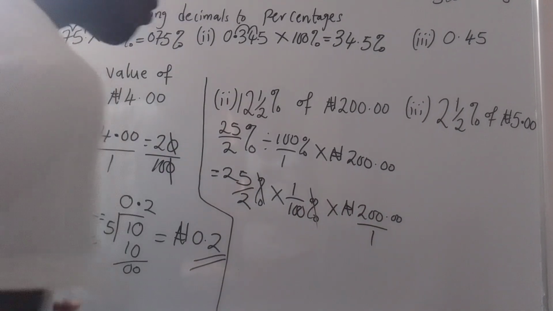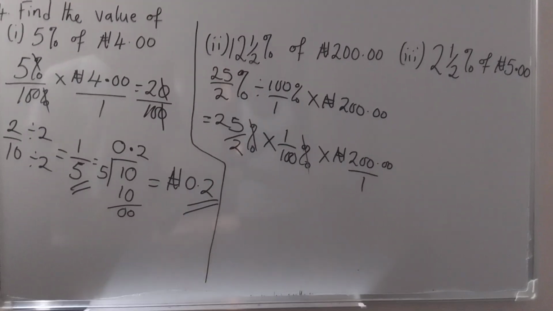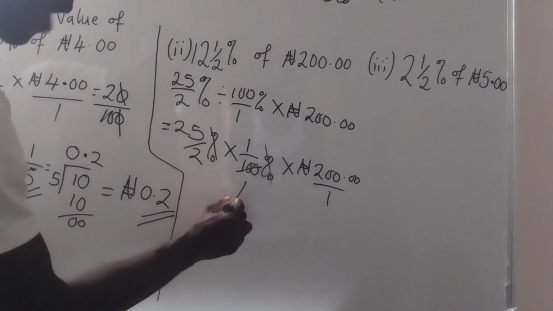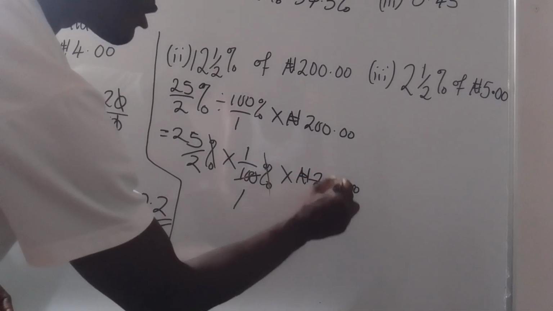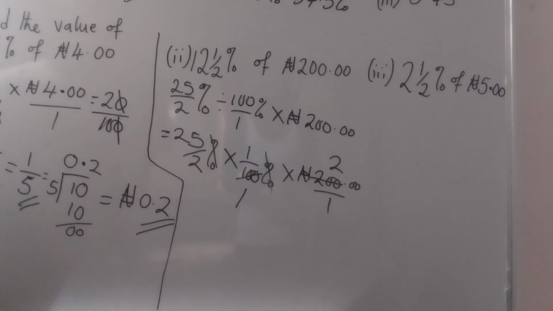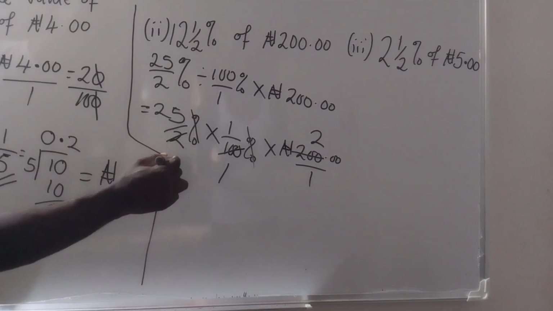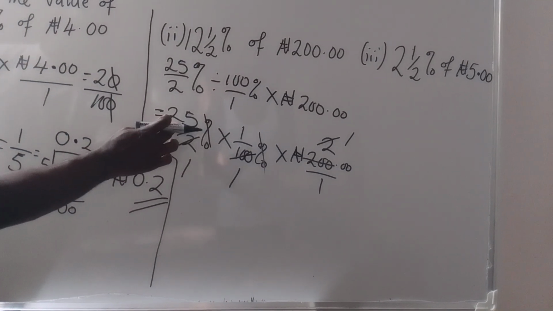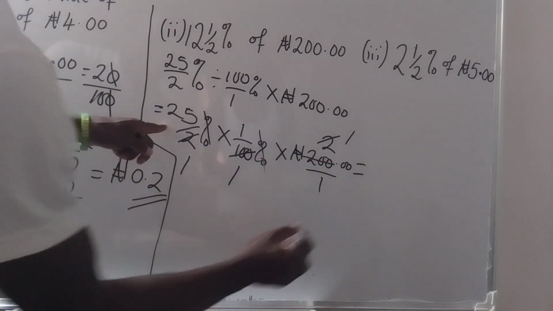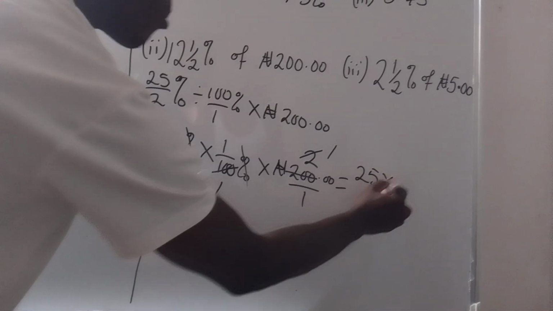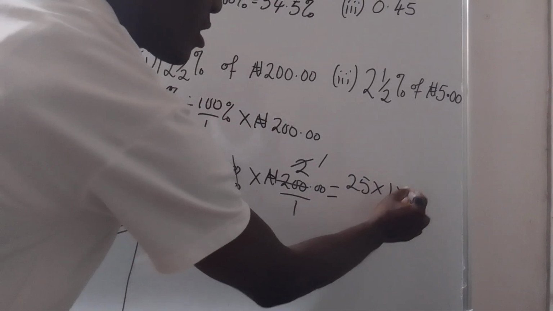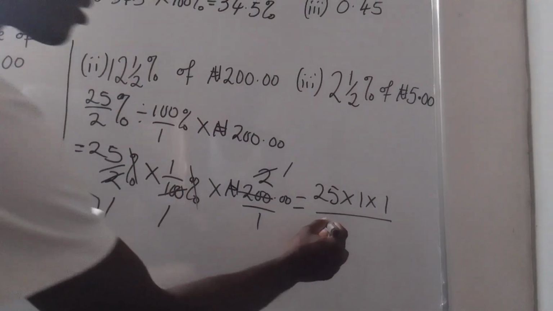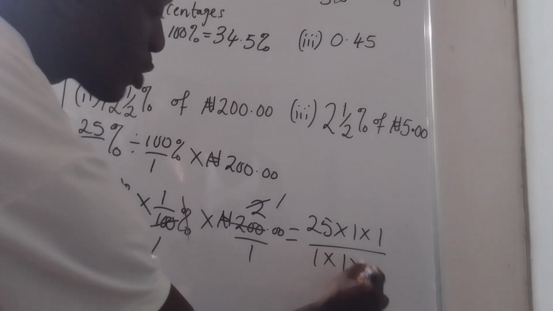Now, we have 25 over 2 times 1 over 100 multiplied by 200. I can stylishly put all over 1. Does not change anything. Now, can I reduce? Yes. 100 into 200 is 2. 2 can cancel 2, 1. We are left with 25 here, multiplied by 1 here, multiplied by 1 here, all over 1 multiplied by 1 multiplied by 1.